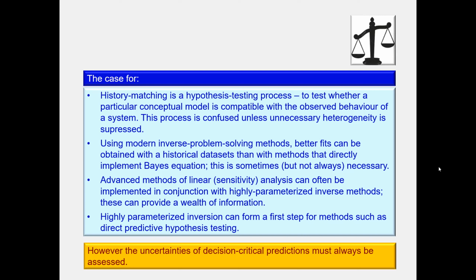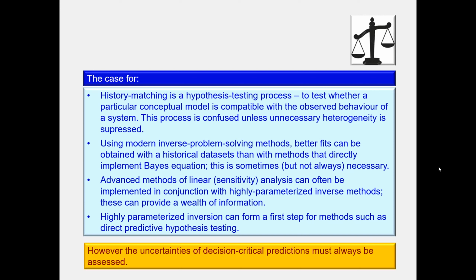The error variance of future predictions may not be too great, and using modern inversion methods we can fit the past pretty well if all the conditions are right, including the fact that the data is of high quality.